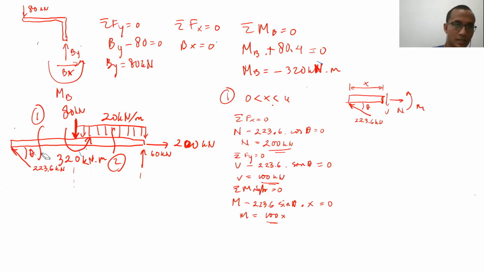And the second cut is representing x from 4 meters to 8 meters, because the discontinuity started from here and ends here. There is a discontinuity here and here, so one equation is supposed to be enough to represent from x equal to 4 to x equal to 8. So there are total two equations and two cuts.